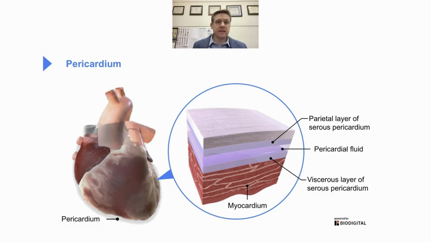Same idea as the pleural fluid was in the lungs, right? The heart, hopefully, is always beating. And so it's not a static organ. It's always moving. And this pericardial fluid reduces the friction between these two layers of pericardium. And that's why we throw in sometimes that extra word serous as a reminder that we're talking about these layers here on either side of the fluid.